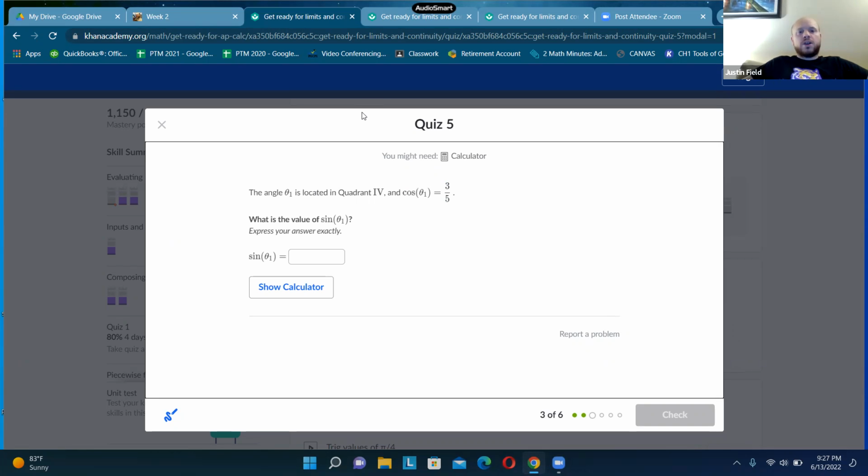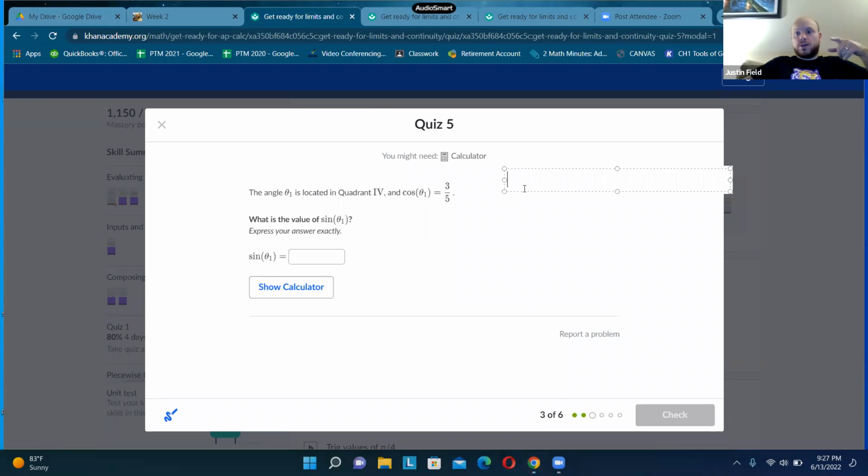Well, I want you guys to remember a little trick about math people. We love 3, 4, 5 right triangles. Right away, I see the 3 and the 5, and there are a gajillion Pythagorean triples, but you see 3, 4, 5 all the time.